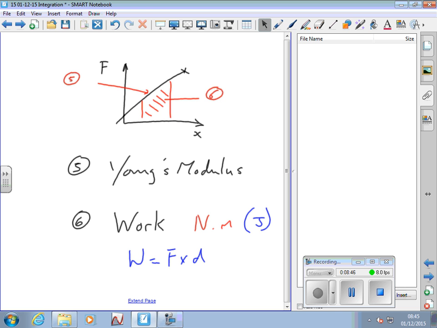And so it tells us the energy that I've put in, or the work I've done to extend that material, how much energy has been expended. The area underneath the curve, in theory, but in practice you always put in a bit more energy than you get out. So the work you do to extend it is the force times the distance, i.e. the area underneath the curve.